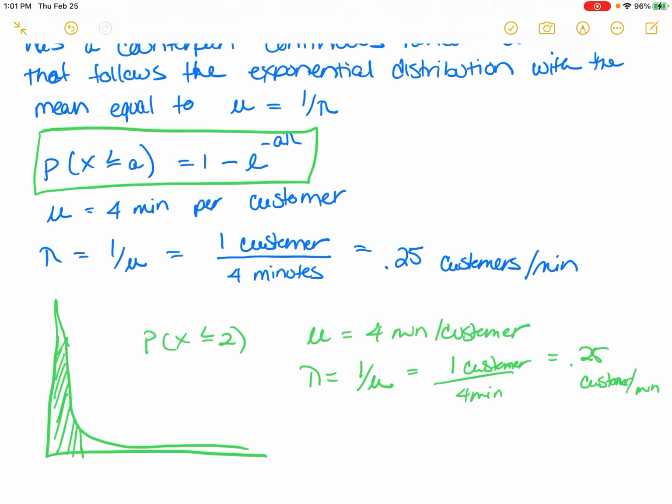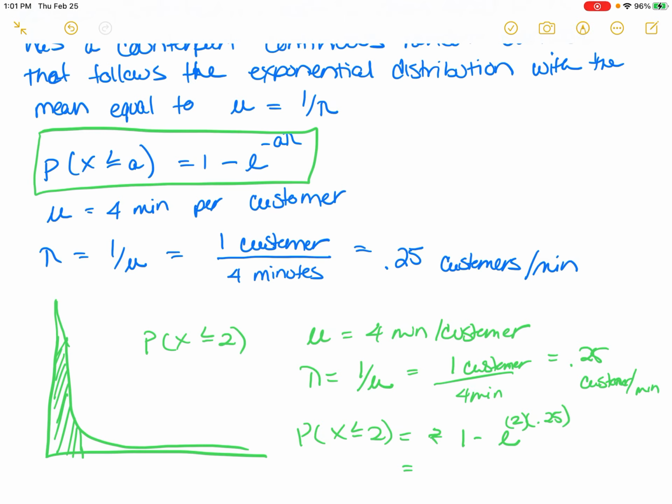With that 0.25 customers per minute, we now know that the probability, if that's equal to 2, given this formula, is equal to 1 minus e to the a, which is 2 times my lambda, 0.25.